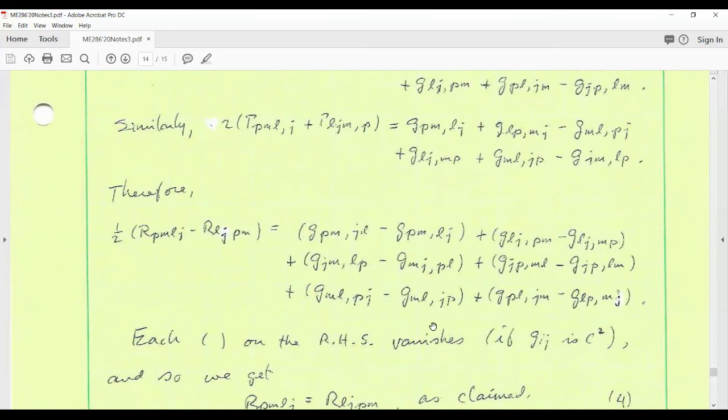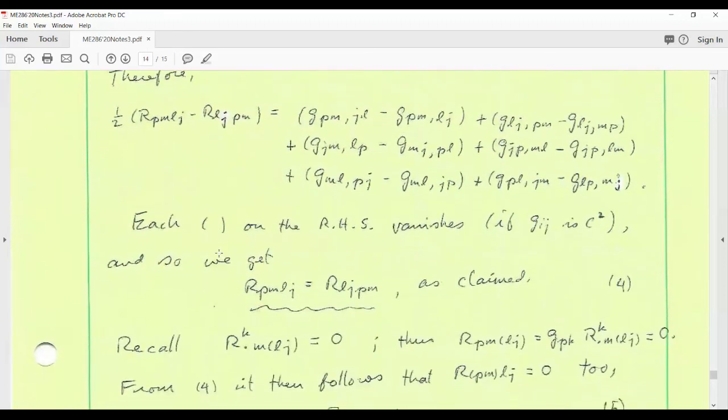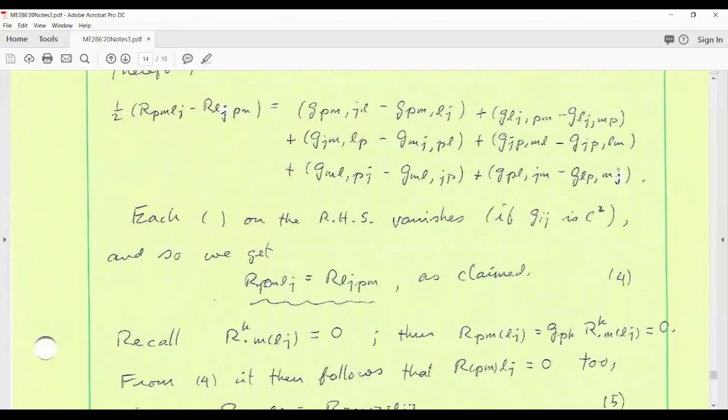So each term on the right-hand side vanishes, which means indeed the index lowered R's have the major symmetry that we claimed in the first place. So this is true in our Euclidean space, because the Euclidean space is a space in which the connection is the Levi-Civita connection, which is the only thing we've used so far.